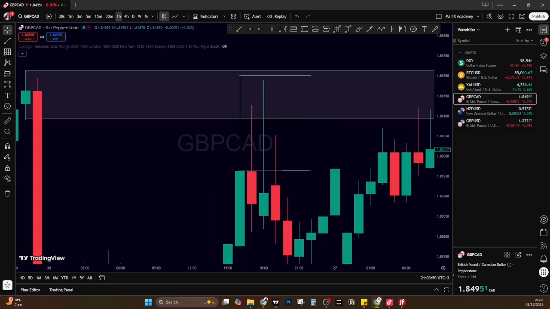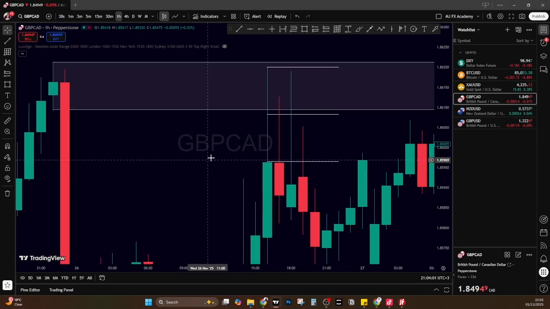So look at this. I was saying that the market mitigates the weak twice, the base and the 50%. So this weak here mitigated this.